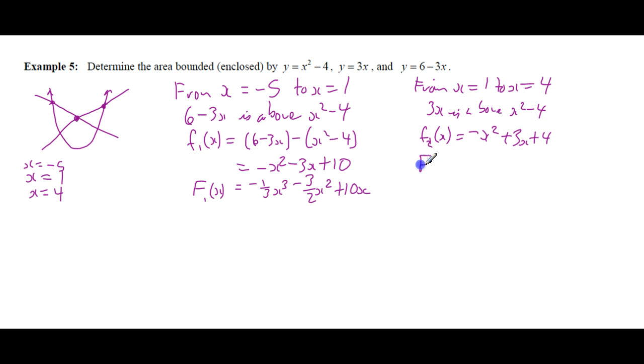And then F2 of x is negative 1/3 x cubed plus 3/2 x squared plus 4x.